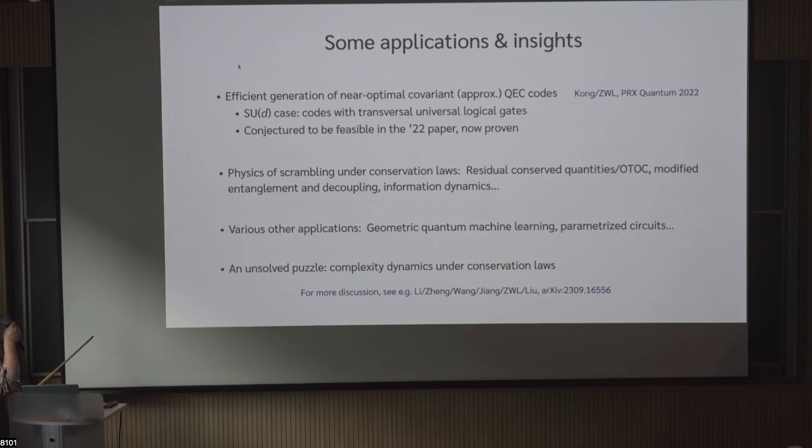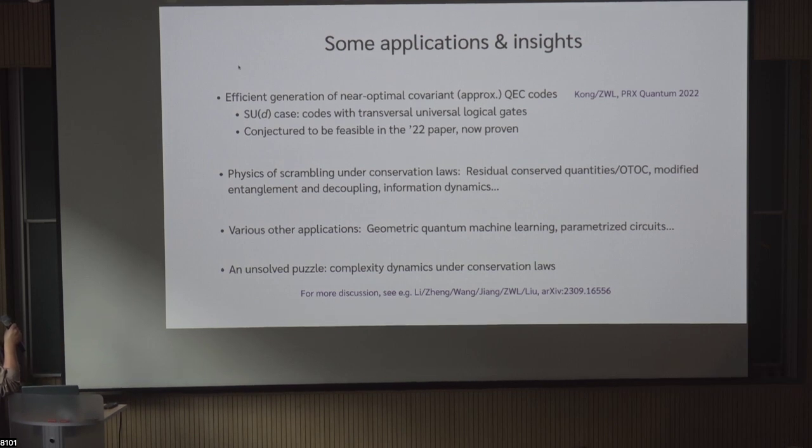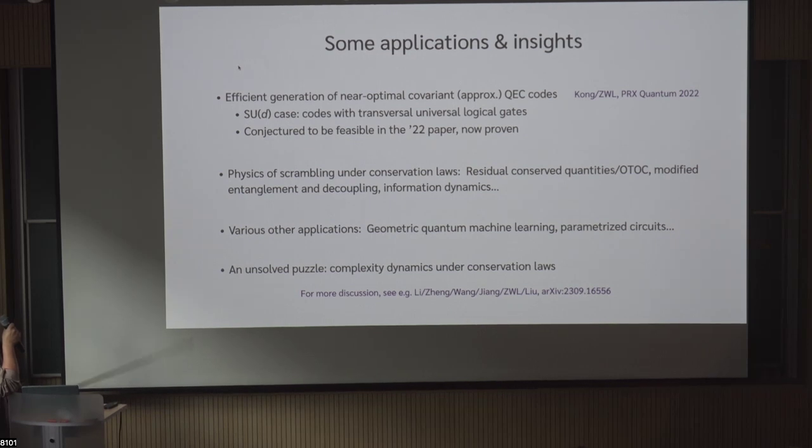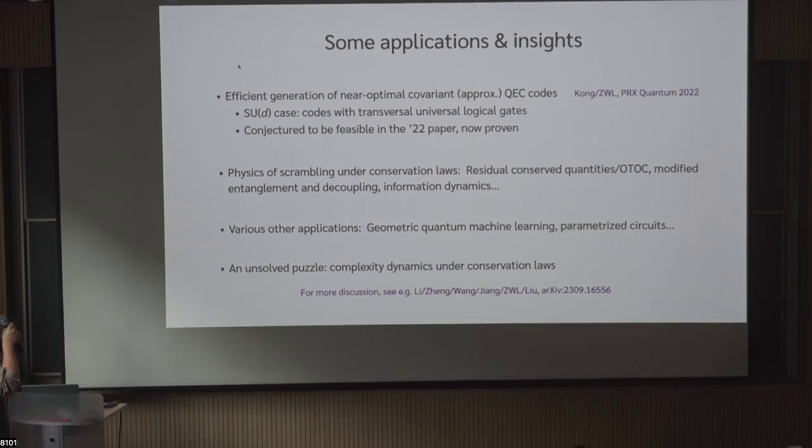Okay, so why do we care about these things? So here are some examples of applications for insights. So first, it is conjectured in this earlier paper that we can have local symmetric circuits that efficiently generate the near optimal covariant quantum error correcting codes. And here maybe one particularly interesting case is the SU(d) covariant codes, because these codes are codes with transversal universal logical gates.